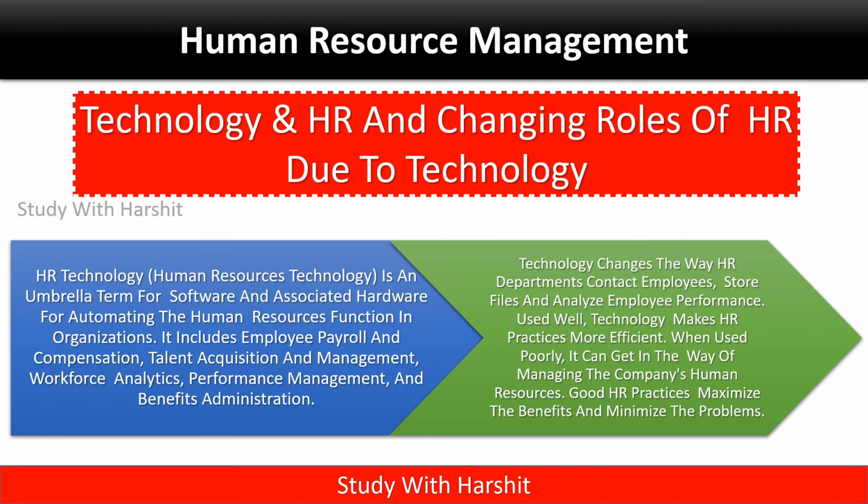Technology changes the way the HR department contacts employees, stores files and analyzes employee performance. Used well, technology makes HR practice more efficient. When used poorly, it can get in the way of managing the company's human resources. Good HR practices maximize the benefits and minimize the problems.